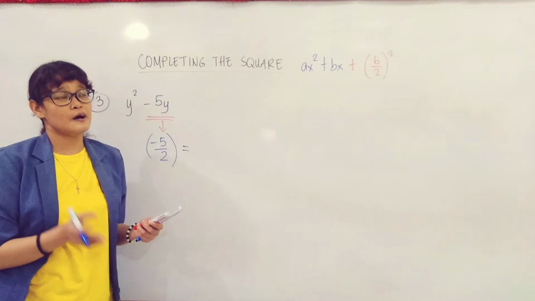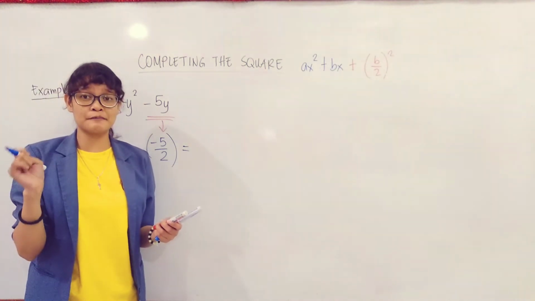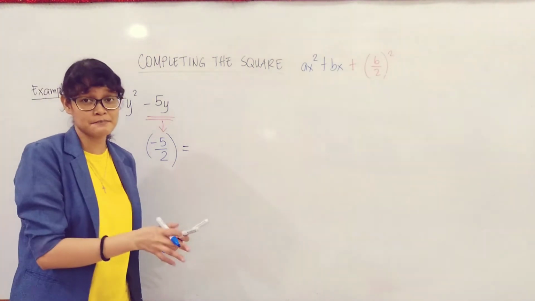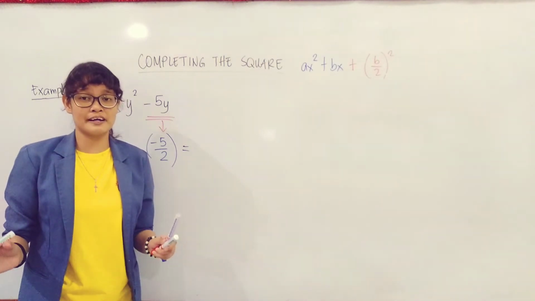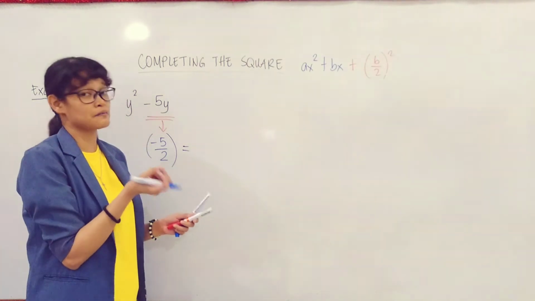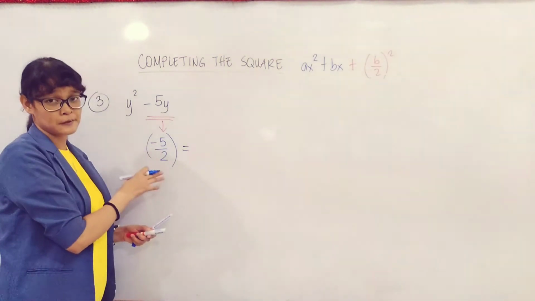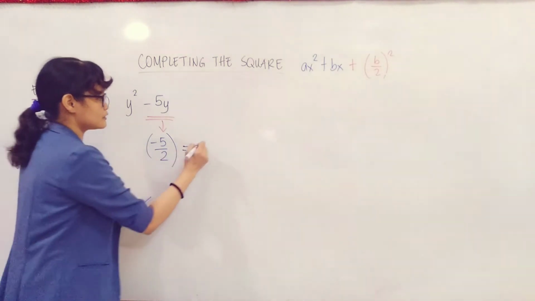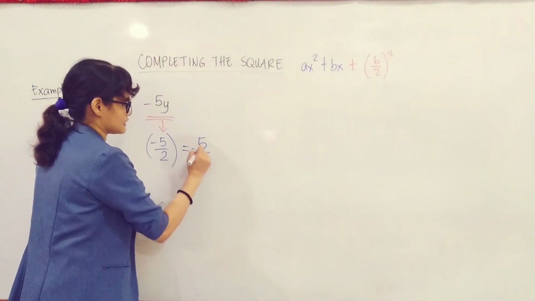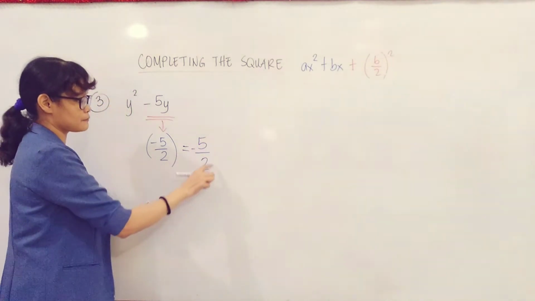Kasi, oftentimes, every time na kino-convert natin yung fraction sa decimal, nagre-round up tayo. So, nagkakaroon na tayo ng mga margin of error. So, negative 5 divided by 2 again. Negative 5 is not divisible by 2. So, just leave it as it is. So, you have negative 5 over 2.